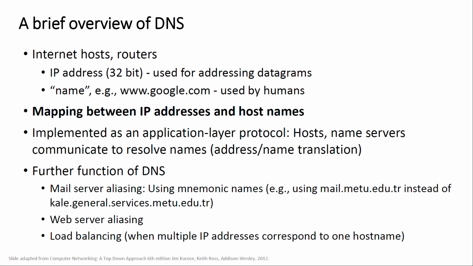So our general IP addresses are 32-bit, and this is used for addressing datagrams. So internet hosts and routers actually communicate through IP addresses. But it is hard to remember IP addresses. General analogy is as follows.